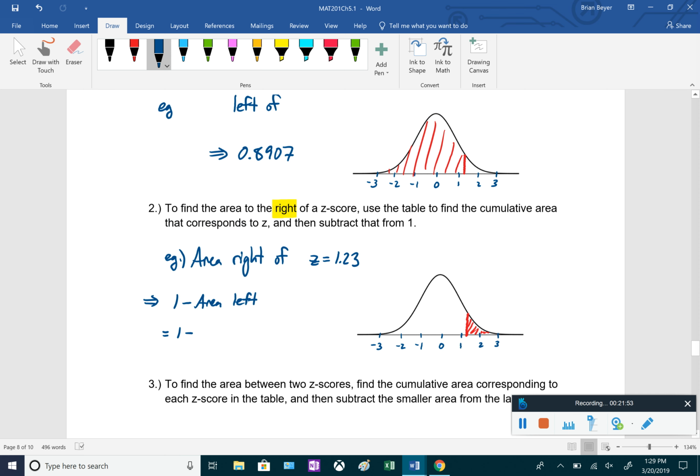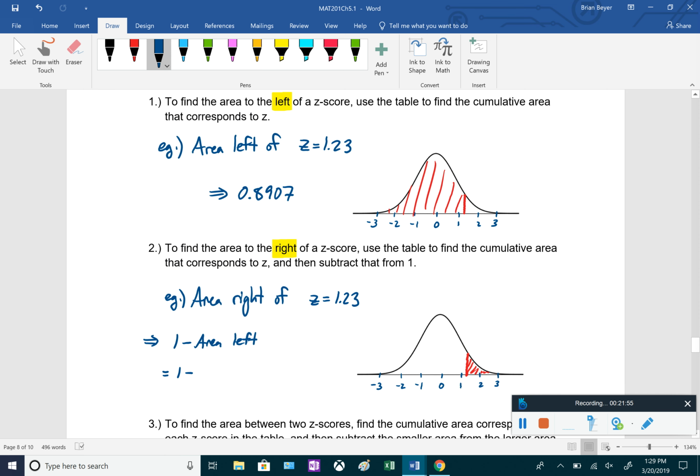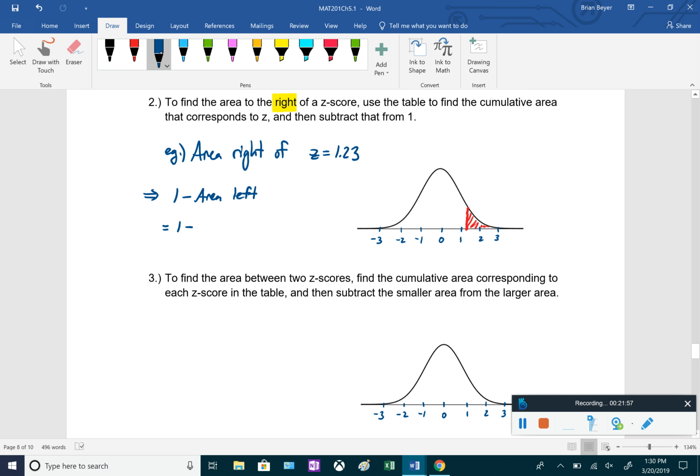The value on the table, we actually just found that, was 0.8907. So we have to subtract that from 1, which will give us a value of 0.1093. So anytime we're looking for the area to the right, it's 1 minus the area to the left, which is 1 minus the value on the table.